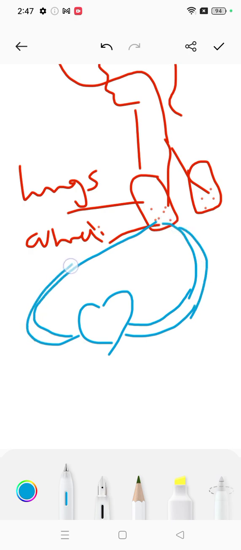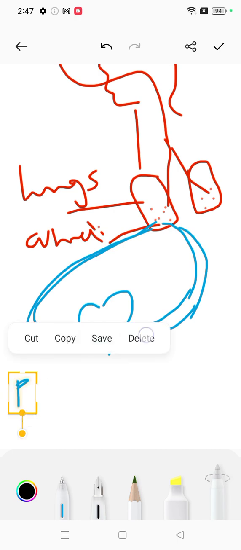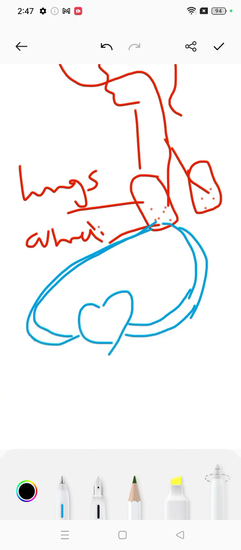Usually a vein carries deoxygenated blood and an artery carries oxygenated blood, but there is an exceptional case which I told you in the last video: the pulmonary artery and pulmonary vein. An artery always carries oxygenated blood, but the pulmonary artery carries deoxygenated blood, and the same goes for the vein.